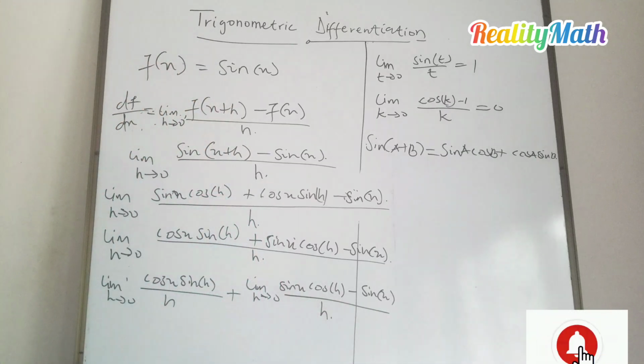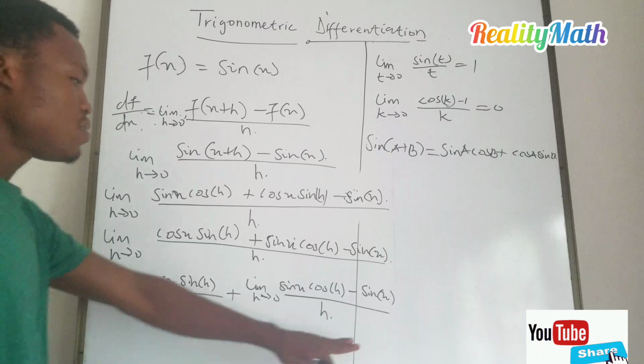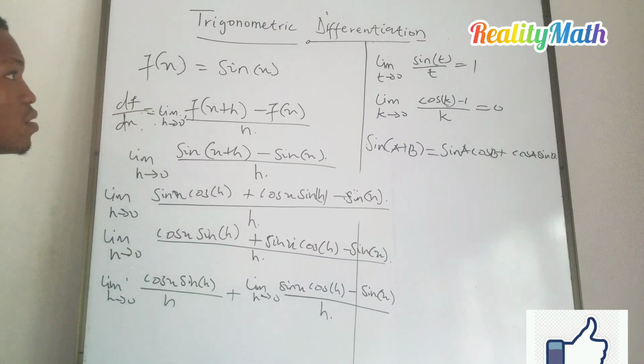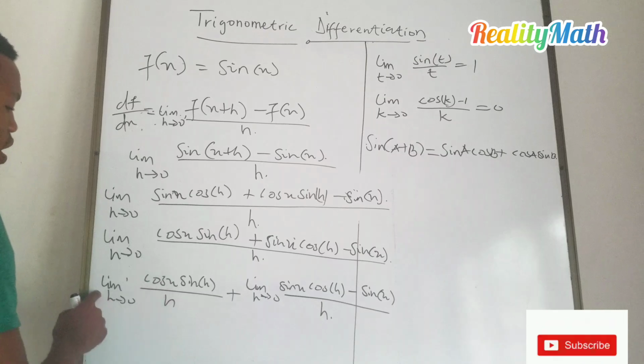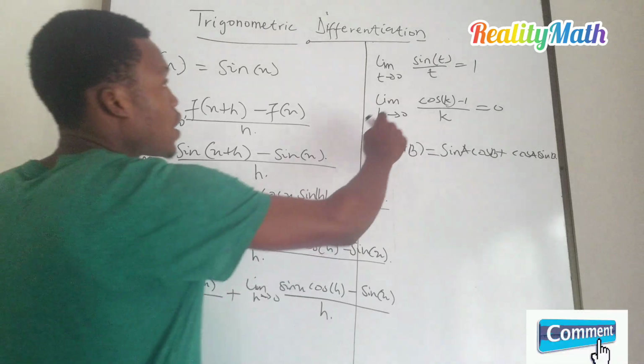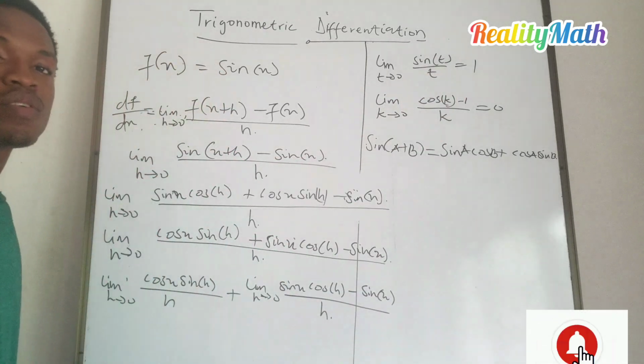Now from this we can factor out cos x so that we can get something similar to the first theorem. Have you seen it?